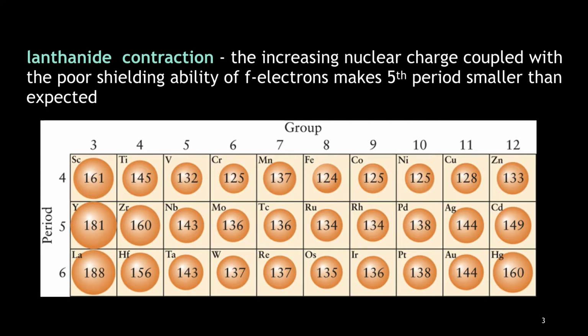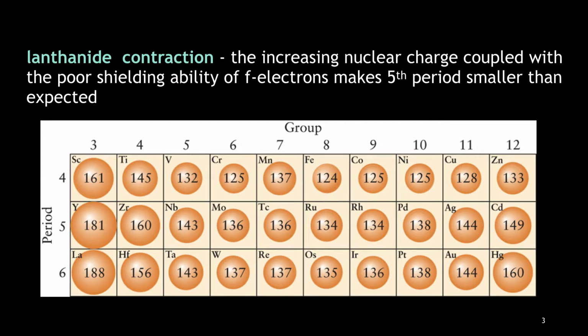D-block elements are also unique in their lanthanide contraction. This contraction makes sense if you think about the same type of contraction which occurs in the s and p blocks. The addition of a proton and an electron within the same row of the periodic table leads to a higher effective nuclear charge. This increasing effective nuclear charge causes the atoms to become smaller along the row from left to right.